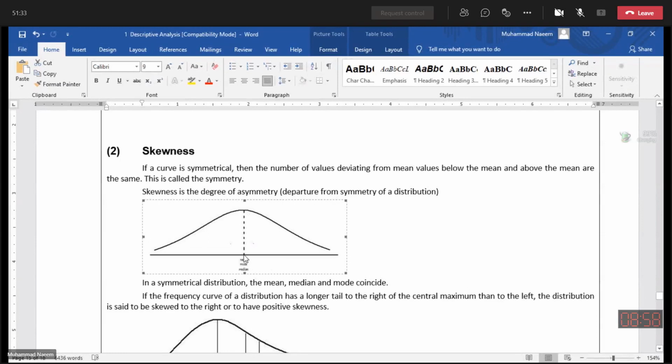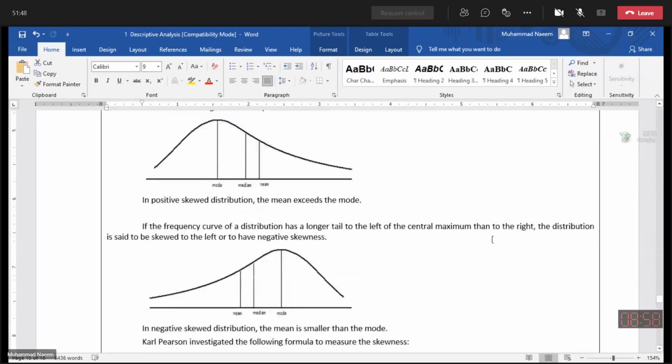At this point, we have all three values of mean, mode, and median when the distribution is symmetric. When the distribution is not symmetric, it is skewed, either of this shape or of this shape. The first one is called positively skewed, and this one is called negatively skewed.